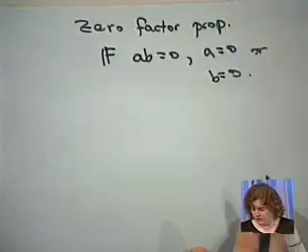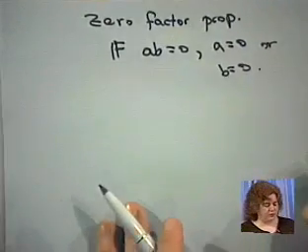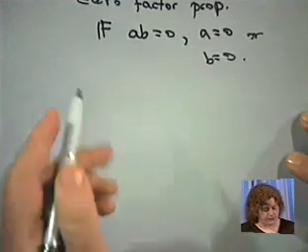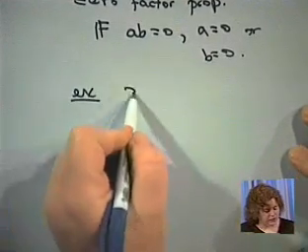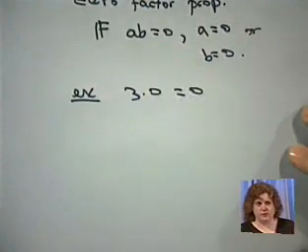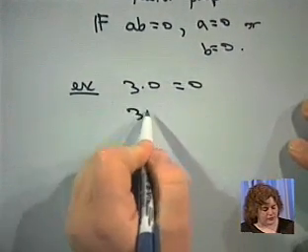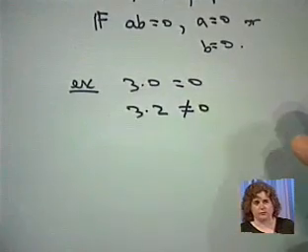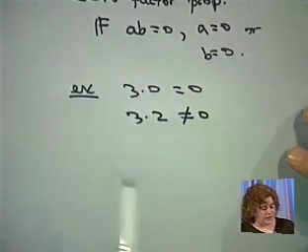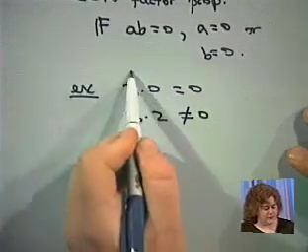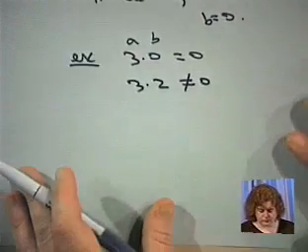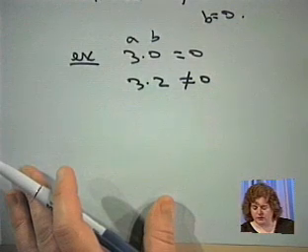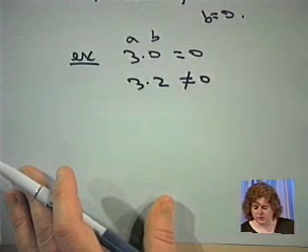So let's look at how that is with a number, just to make it hopefully very obvious. If I have 3 times 0, that's going to give me 0. But if I had 3 times 2, that is never going to give me 0. It's going to give me 6. Here's your A and here's your B. I have to have at least one of them 0. So we'll use that concept in solving equations.